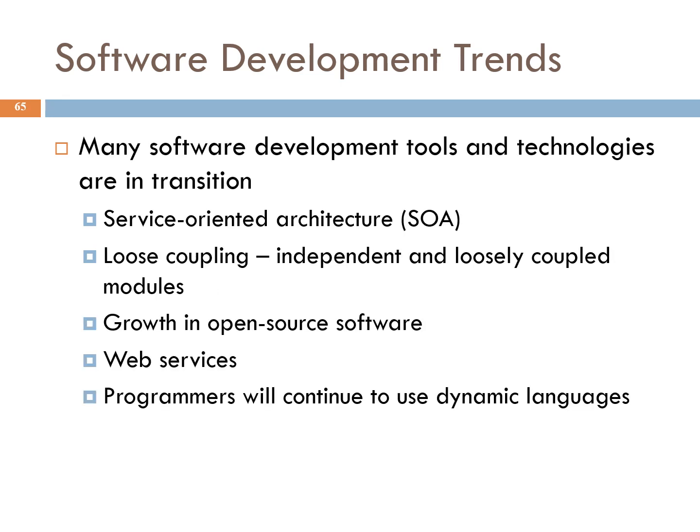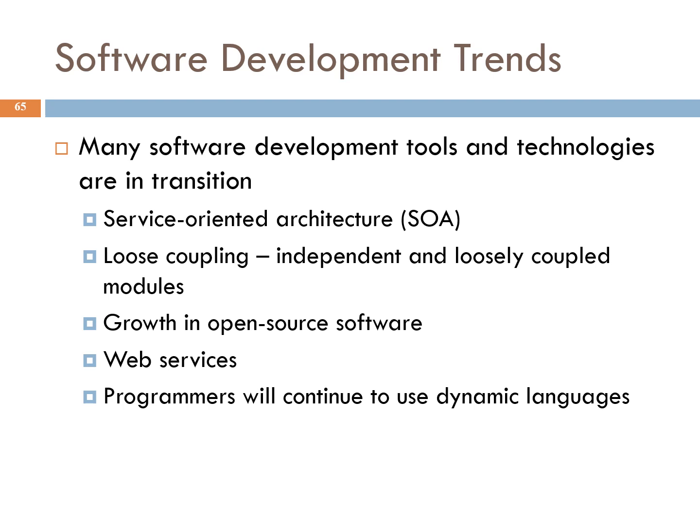Many software development tools and technologies are in transition. These are the various types of software development tools. The first one is service-oriented architectures, which focus more on the user perspective of building the software. Loose coupling: independent and loosely coupled modules.